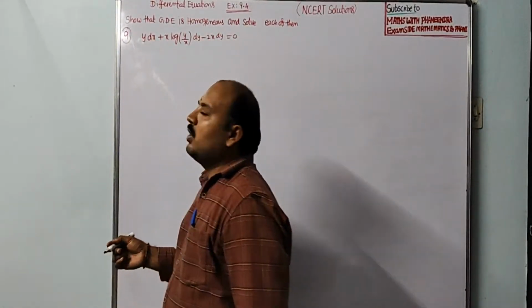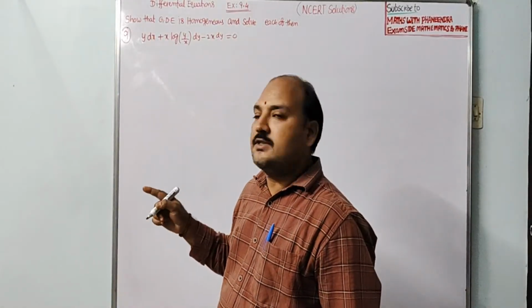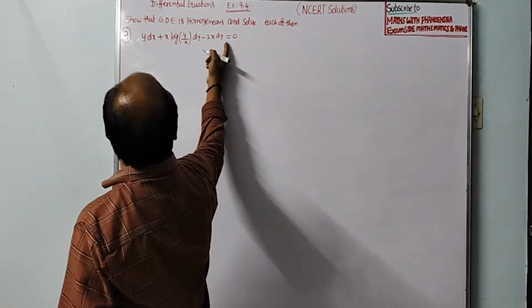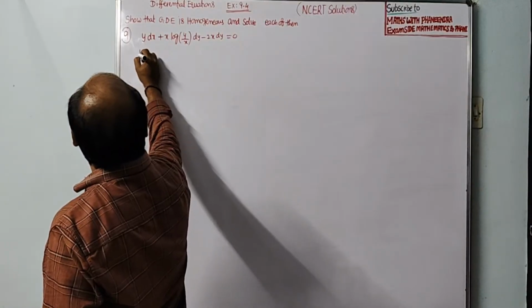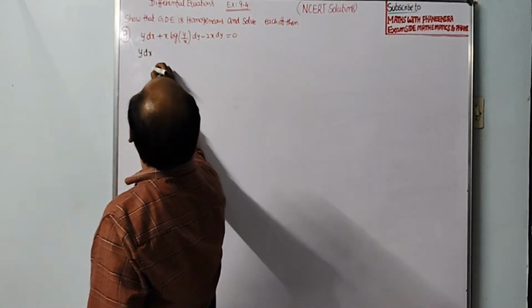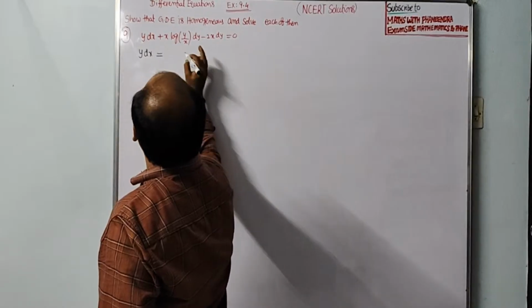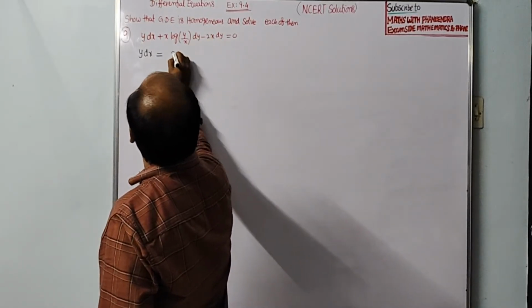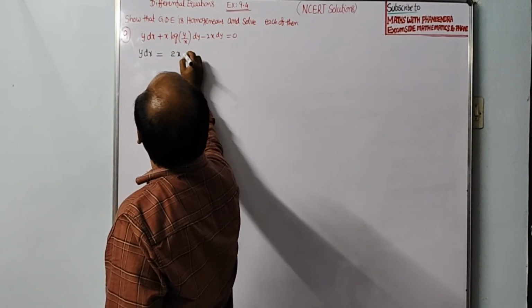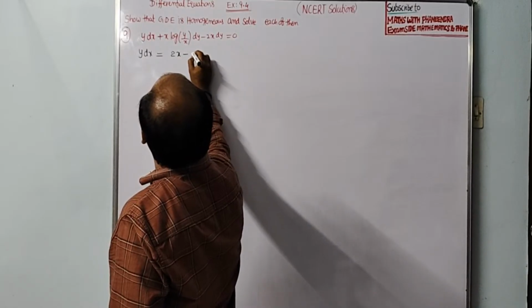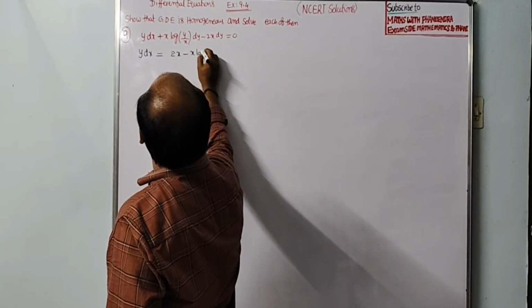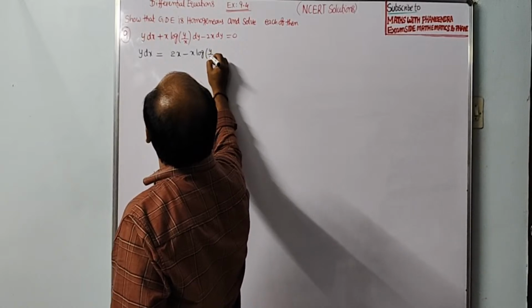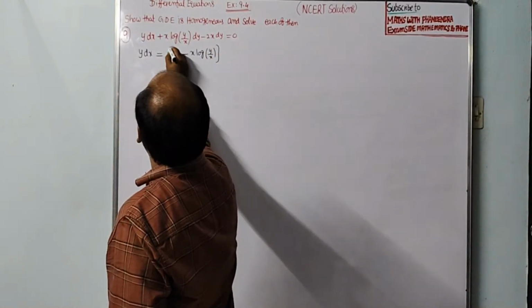So here also I want to bring the dy by dx to one side. From these two dy by dx is there, no? So y dx is equal to, this value bring this side, 2x minus x into log of y by x into dy.